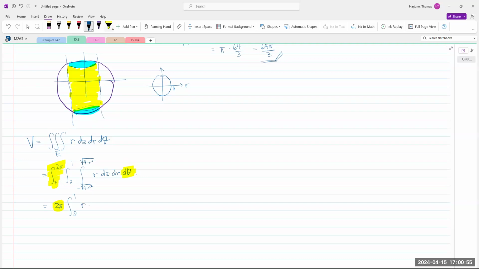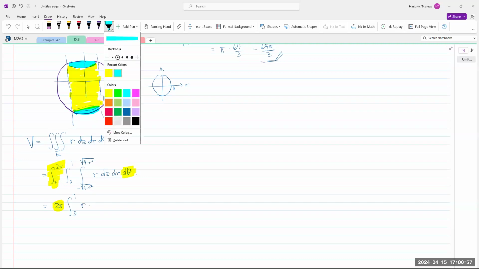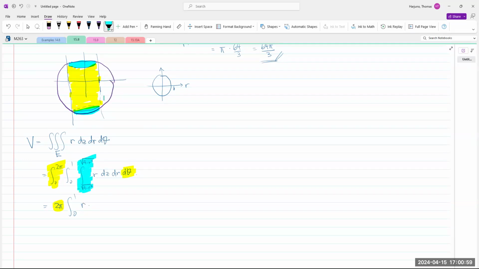Now notice that the inner integrand has no z, right? So that's just the length of the interval. So that will be 2 square root of 4 minus r squared dr. I hope you can follow me.